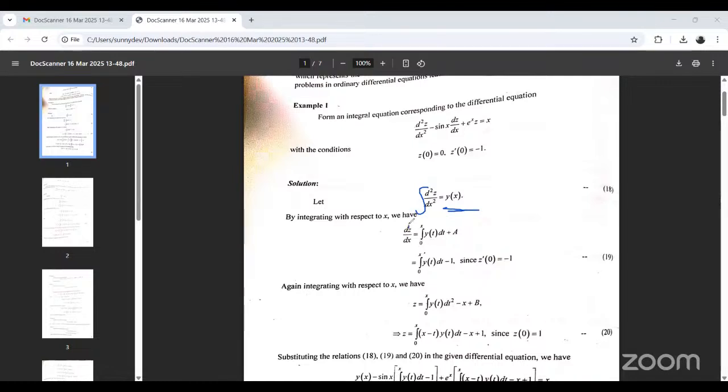Again, we have to integrate with respect to x. Doing that, z equal to the integral over 0 to x of y of t dt, one more integration, and minus x plus constant b.